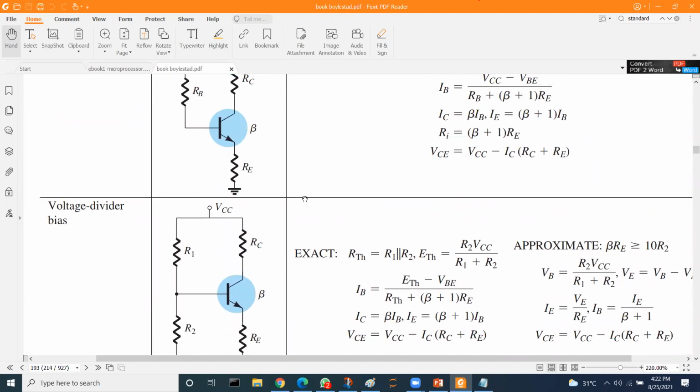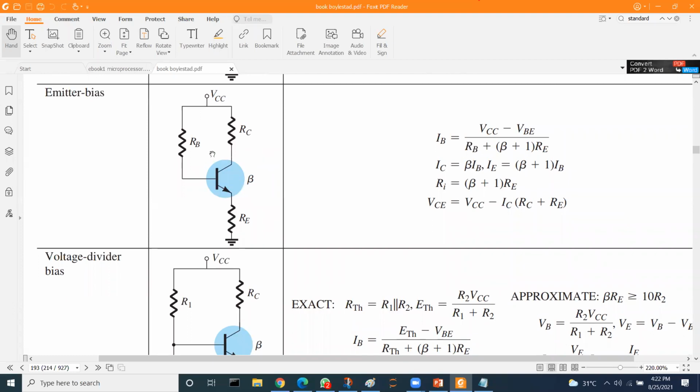So students, now we move towards the emitter bias configuration, and from the given examples, we see how we can determine these values.